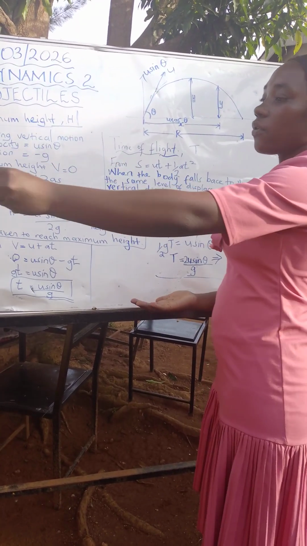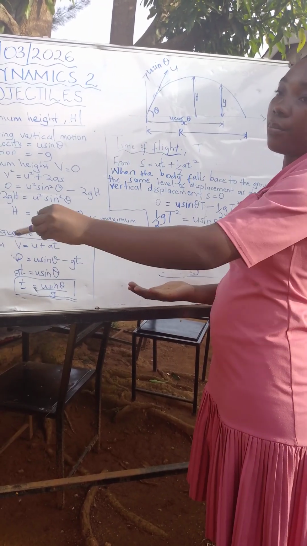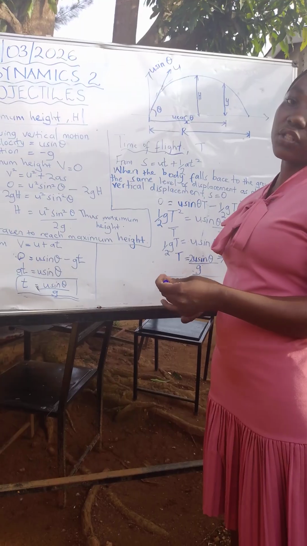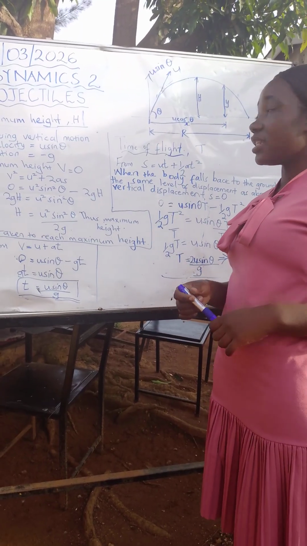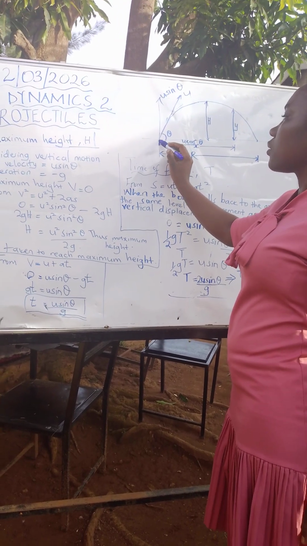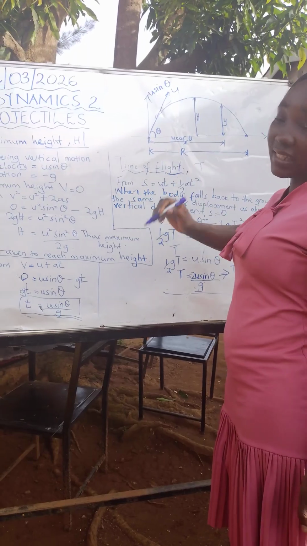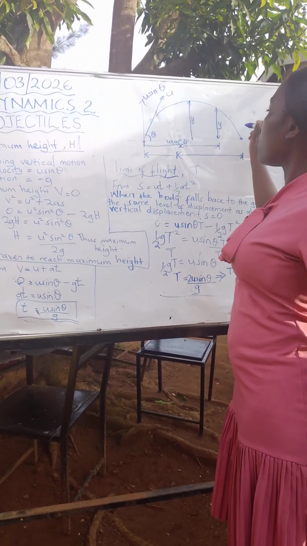If it moves from the same level here and comes here, it's the same level, so it has no vertical displacement, but horizontally it has been displaced.